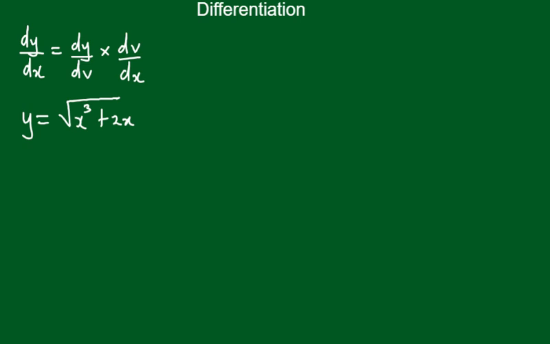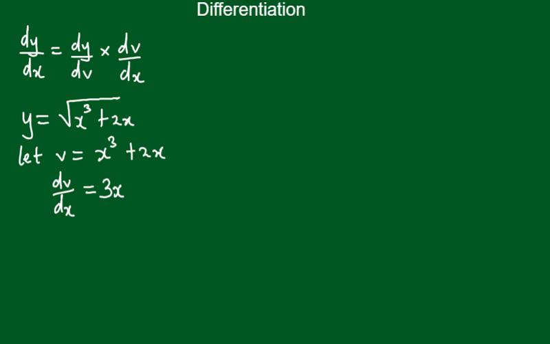So we are going to let v equal x cubed plus 2x, and it's just a matter of finding what's in that equation so that we can substitute later. So let's first start by finding dv dx. So dv dx is equal to, we bring down the power and you subtract 1.